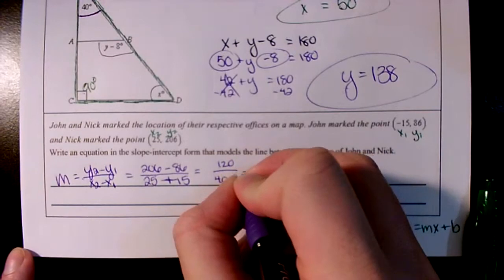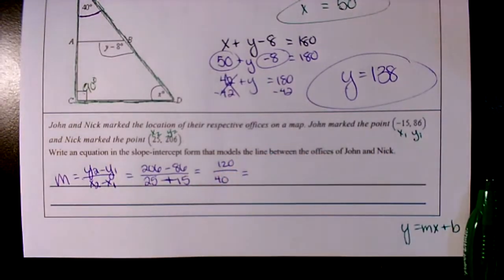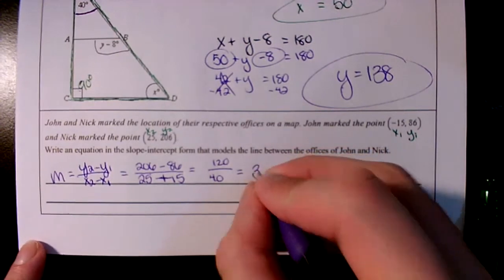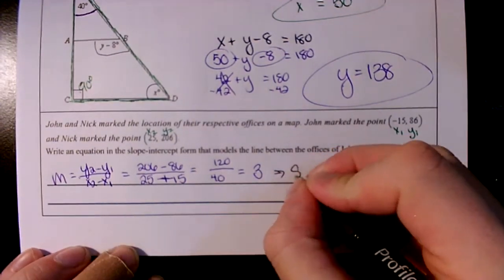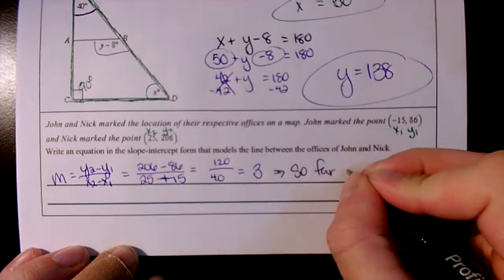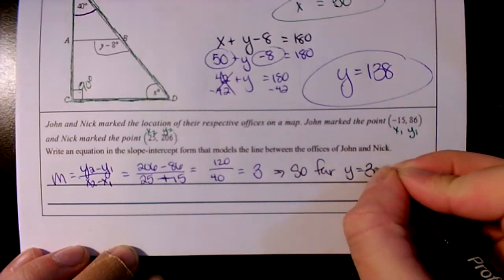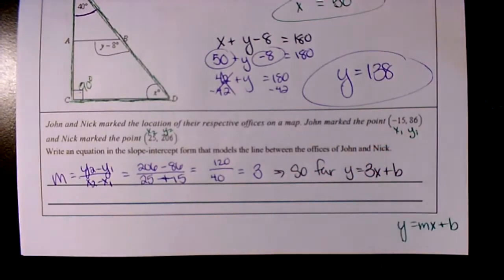Wow, these numbers ended up just lovely. 120 over 40 is 3. So what I have so far, I have y equals 3x plus b. What I don't have is a b.